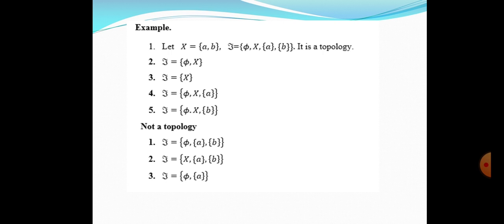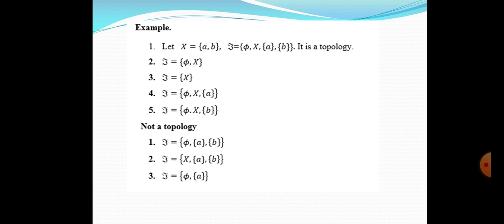Therefore, three properties are satisfied, so it is called a topology. Next, you check example number 2. Here tau equal to empty, X. This is also a topology because the first property is satisfied: empty, X belong to tau.